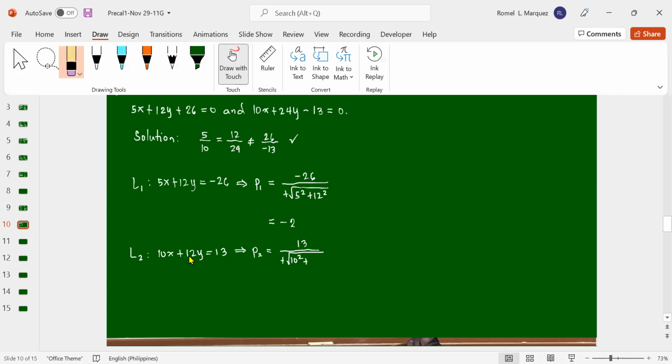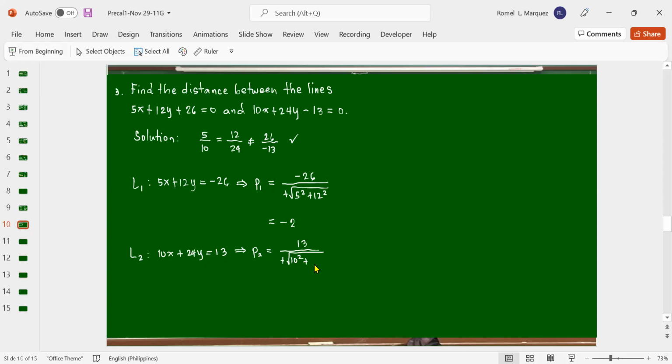I made a mistake here. This is 24. What is 24 squared? So 100 plus 24 squared, take the square root, it is 26. So 13 over 26, that is equal to what? 1/2, right?